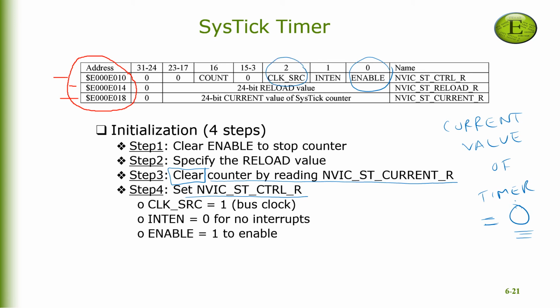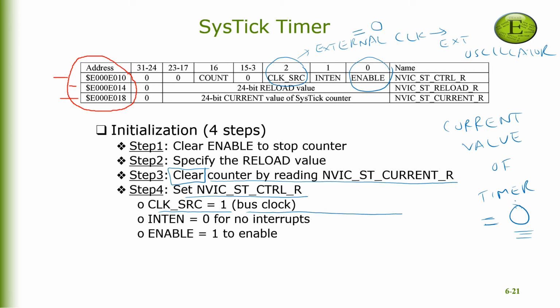We can run the timer at the clock speed, which is either the external clock source, which might be in the form of an external oscillator. That occurs when this is equal to 0. For external, to connect the timer clock to the external oscillator, set it equal to 0. Or you can set it equal to 1, meaning that the timer will now run.